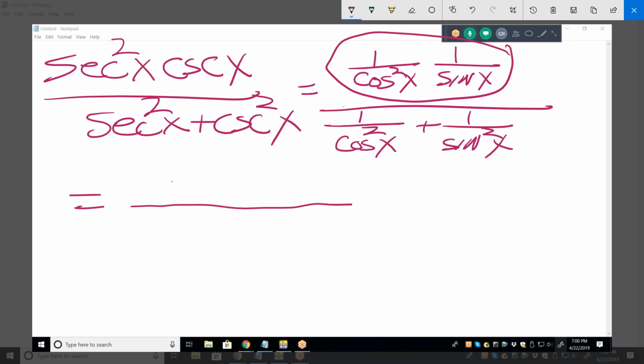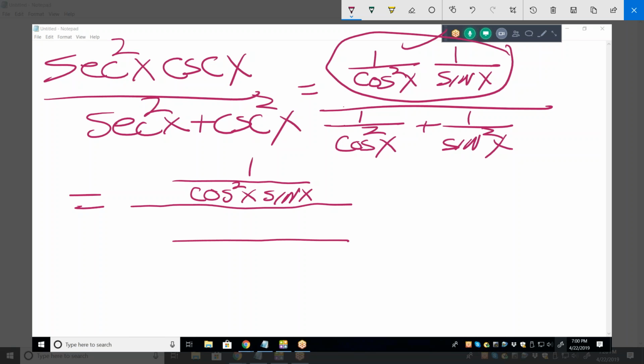The common denominator is cosine squared x sine x. No, if I'm solving that, oh, excuse me, we're multiplying. Thought we were adding for a moment. No worries.